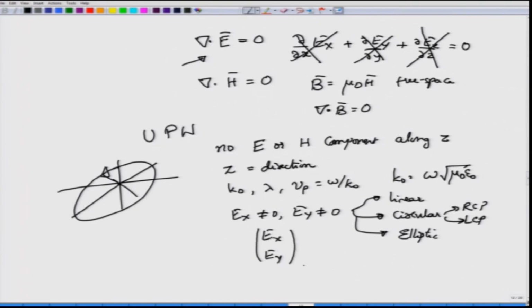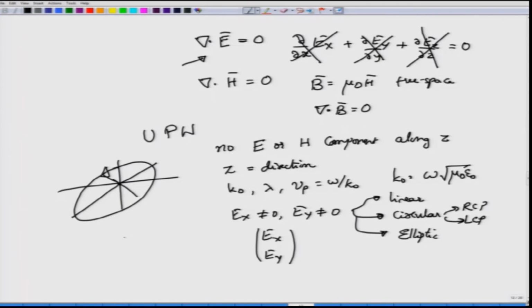Of course, this is a necessary condition, and then we can represent Ex and Ey in terms of their complex amplitudes and call this two dimensional vector a Jones vector, which will tell us whether the wave is linearly polarized, circularly polarized, or elliptically polarized.